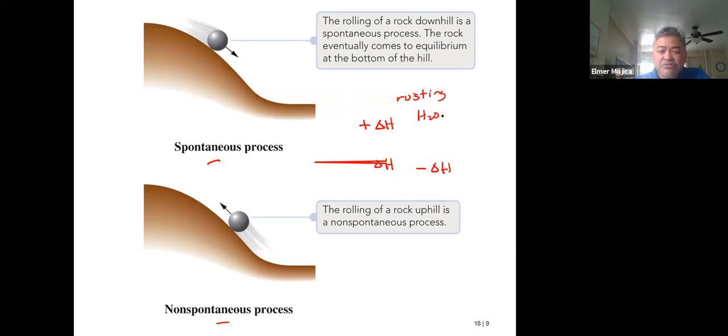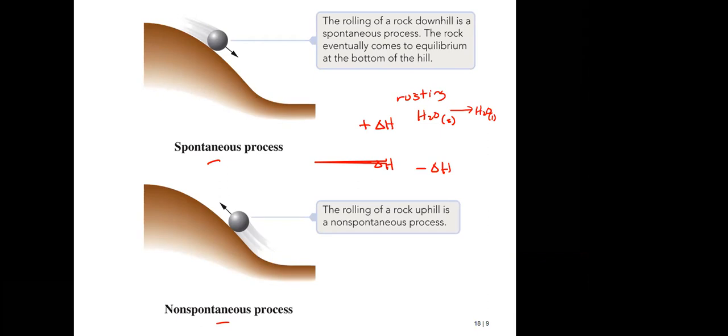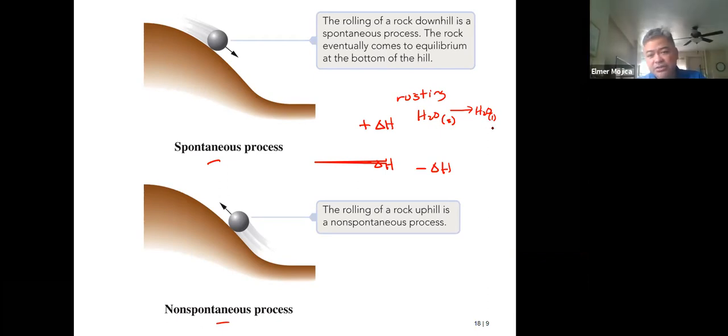Ice at room temperature, what will happen? Spontaneously, it will become water, right? So what's the delta H for that process? Is it positive or negative? Positive. You need heat so that your solid ice melts into water. It happens spontaneously. You put it at room temperature, you have ice, later on it melts into water.